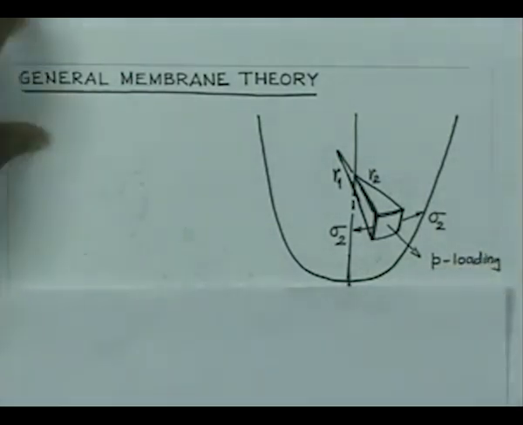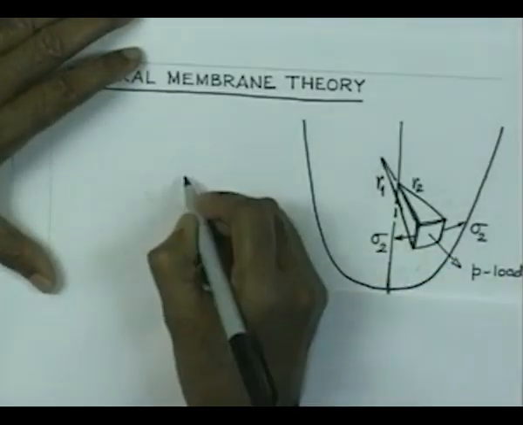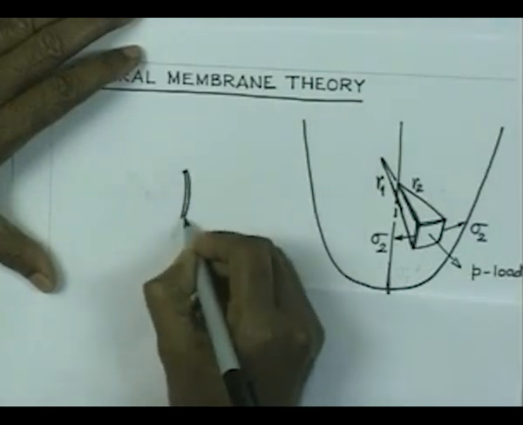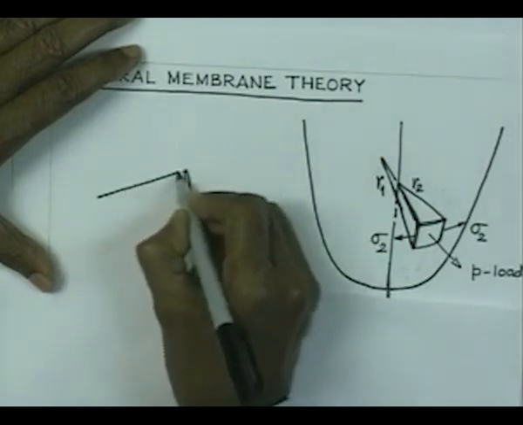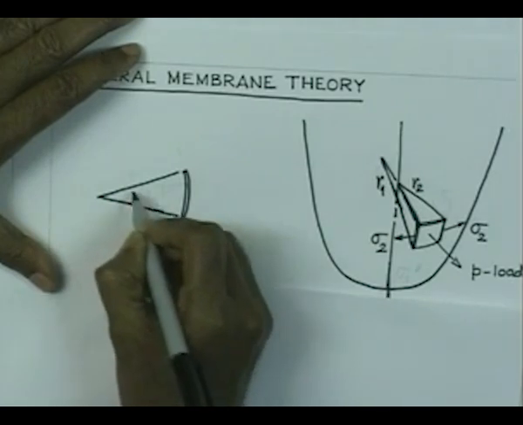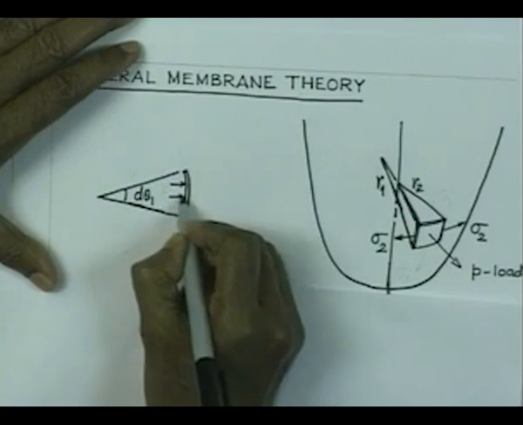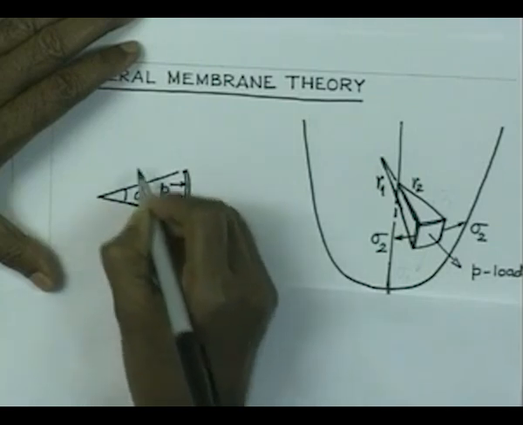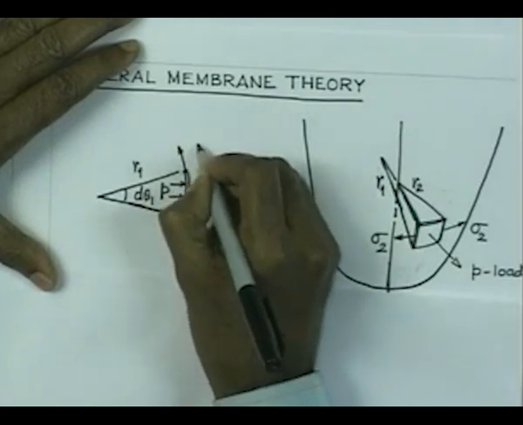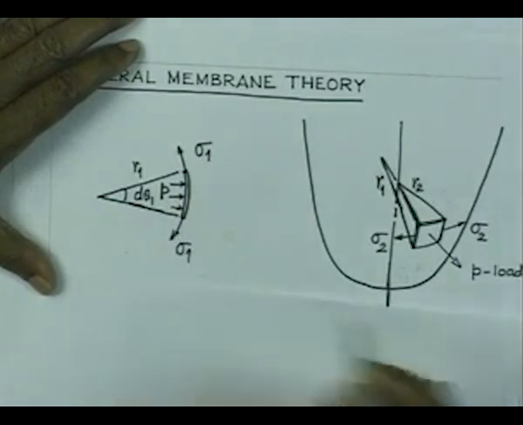So, if we now try to look at the picture again. So, this edge is like this, it is making an angle of d theta 1, the pressure is P and radius is R1, and this is the, say, sigma 1, that is the axial stress.